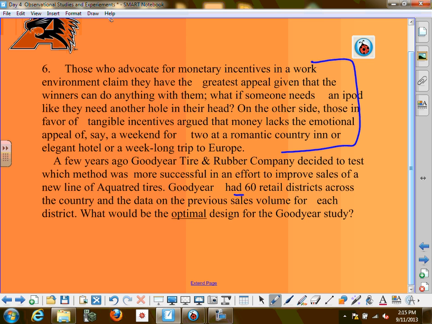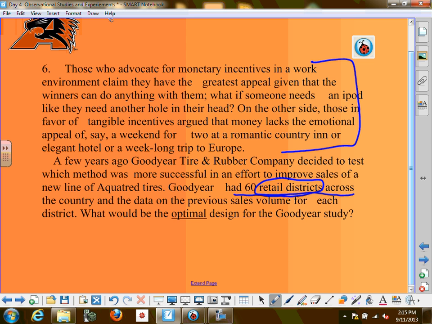But they have 60 retail districts across the country. So here's the background I think that you, as a 17, 18-year-old, probably don't understand. Retail districts are typically done by geographic area, meaning, you know, Texas might have 3 districts, maybe South Texas, Central Texas, and North Texas.